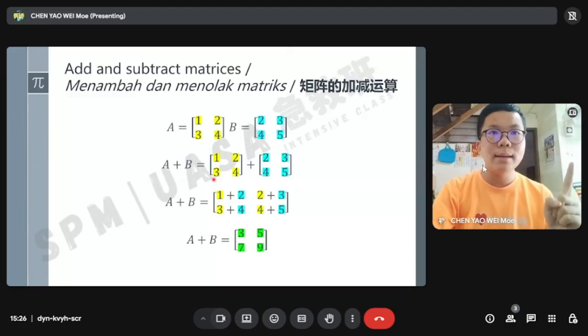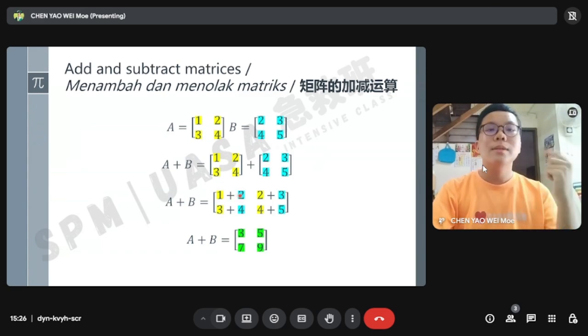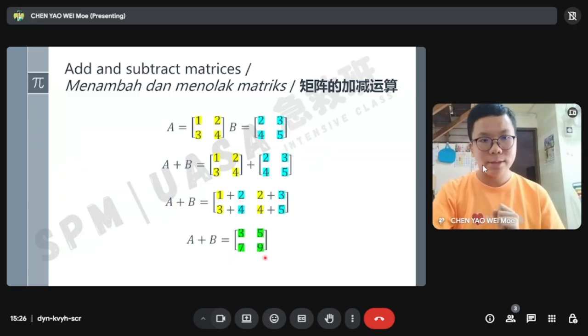For example, this 1 plus this 2, A plus B, 1 plus 2. So you can get the answer like this. We add together or subtract together.